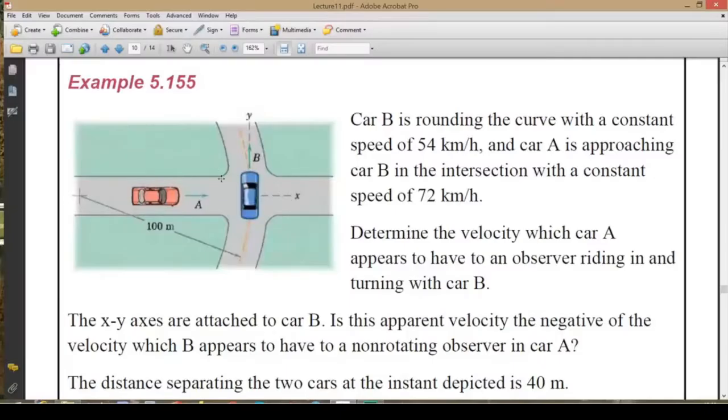Here we have an example of two cars. One of them is on a circular path, which is defined by a radius of 100 meters, and it's defined by B here, and there's a reference frame attached to that.